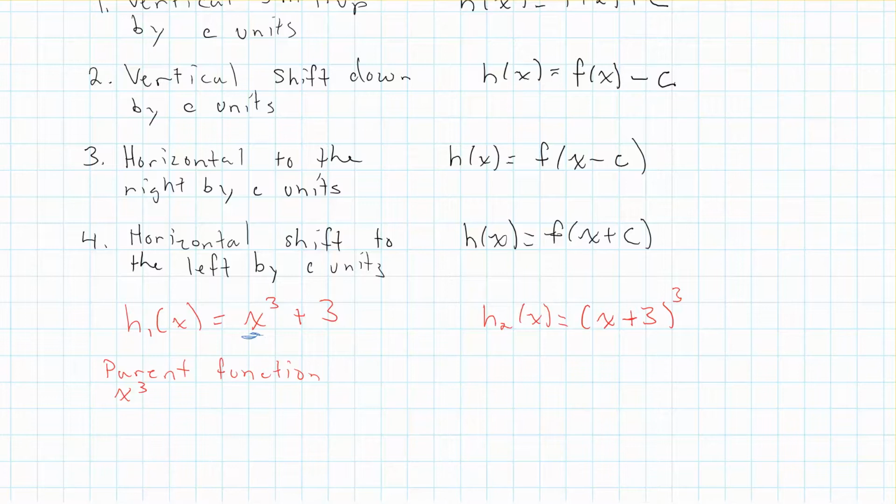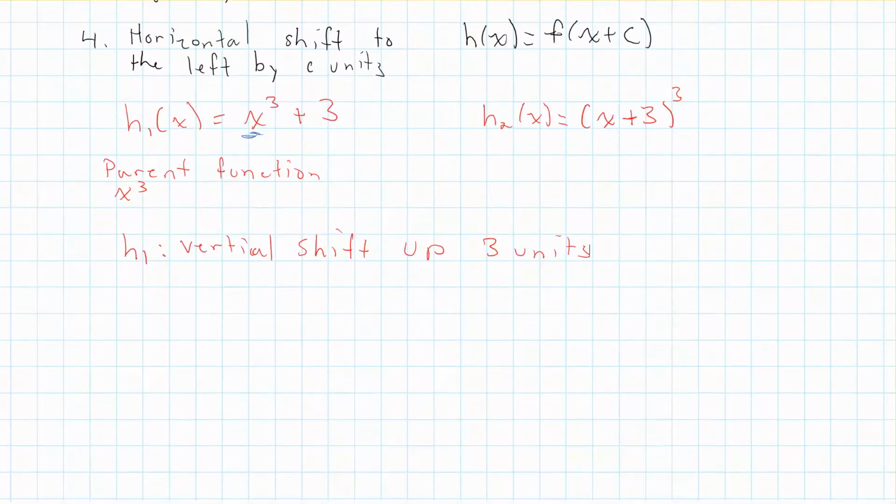But in this case here, h1 has a vertical shift up 3 units, and h2 has a horizontal shift left 3 units.